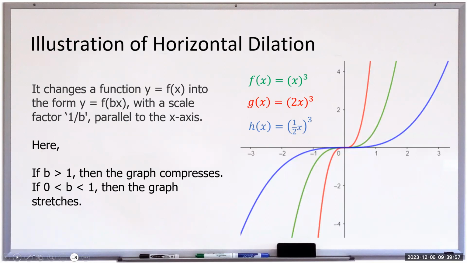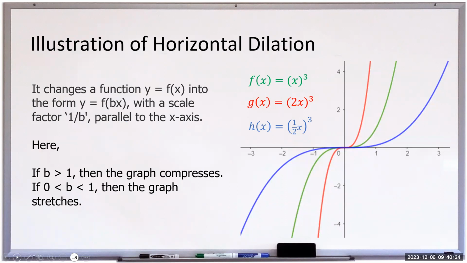So let's talk first about horizontal dilations. Let's say we have here a parent function, f of x is equal to x cubed, represented by the green graph. And here we have two transformations. We have the red graph representing the quantity 2x cubed. And for the blue one, we have the quantity 1/2 x raised to the third power.